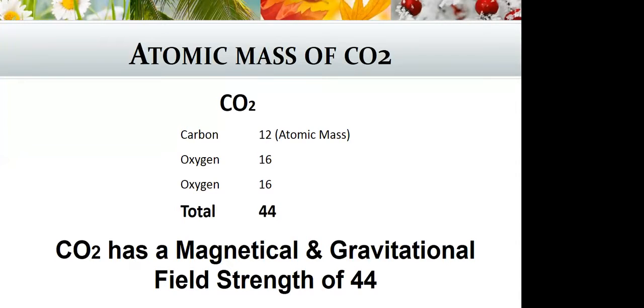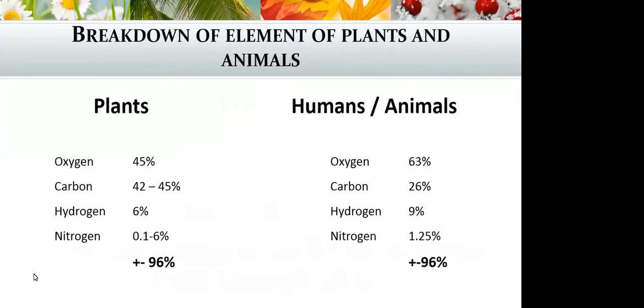So essentially what we're saying is that CO2 has a magnetic and gravitational field strength of 44. That's a different way of saying the atomic mass: more or less the field strength of the CO2.